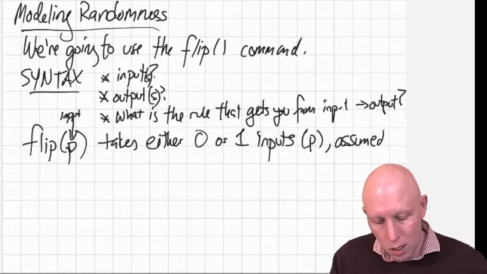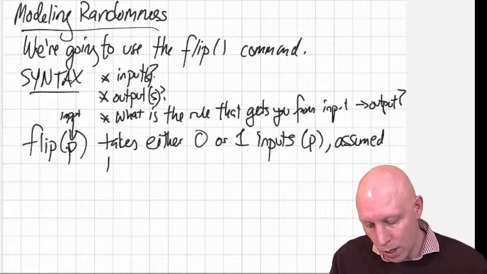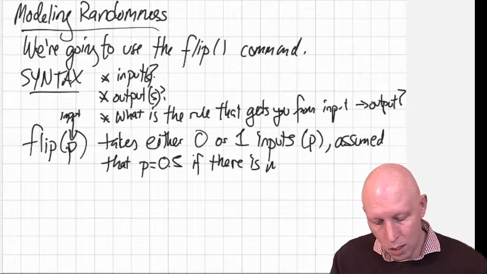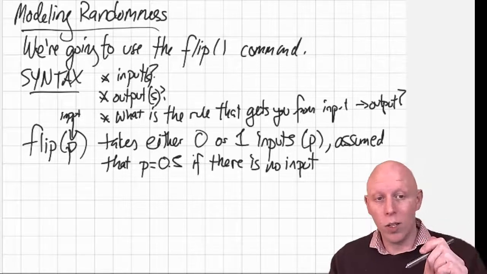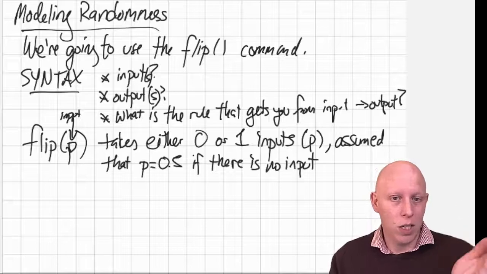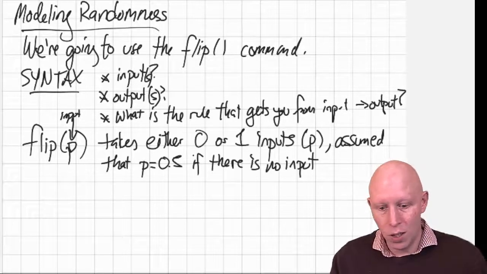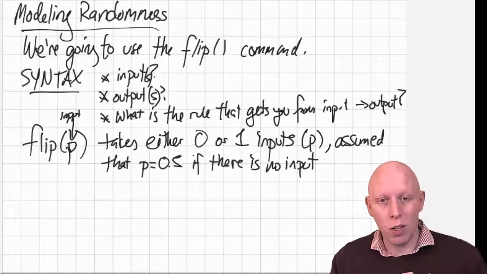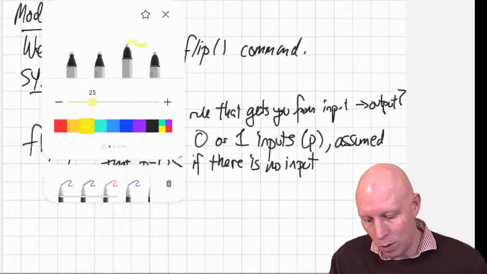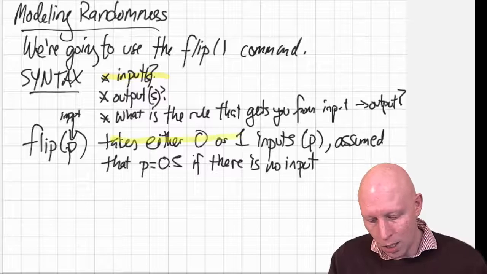We assume that p is equal to 0.5 if there is no input. So when there are 0 inputs, we just make the assumption p is equal to 0.5. That's the input part of the syntax.